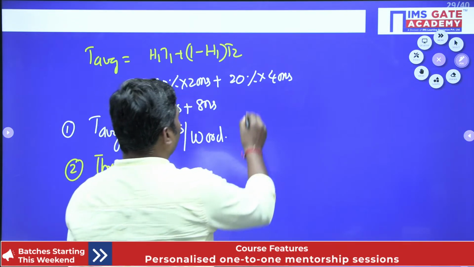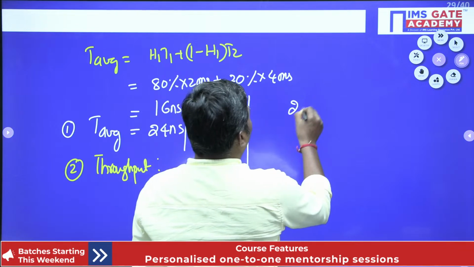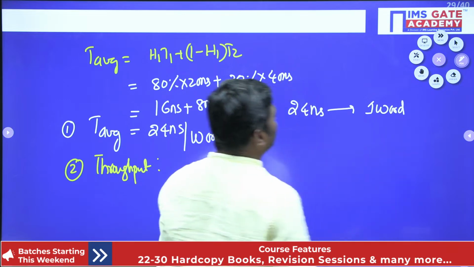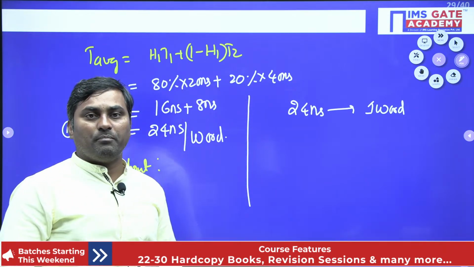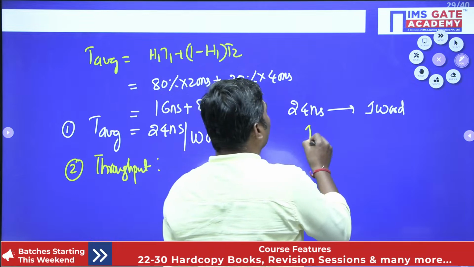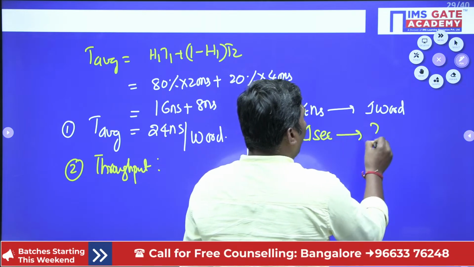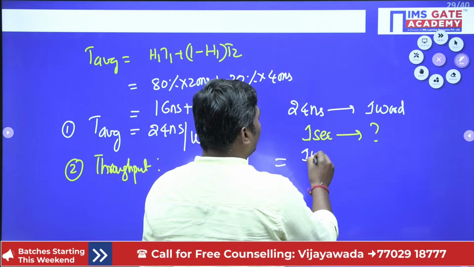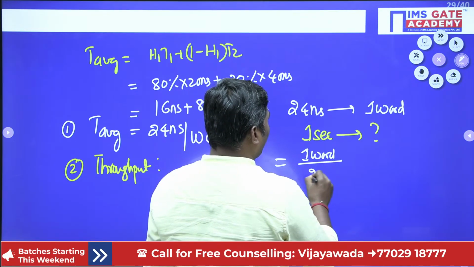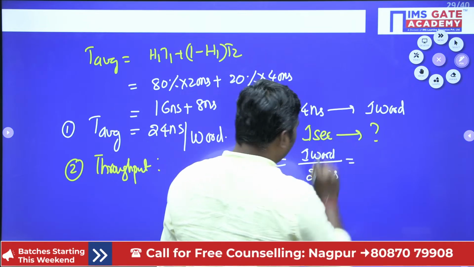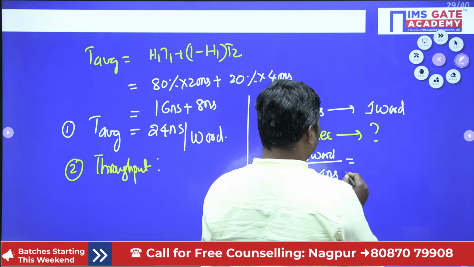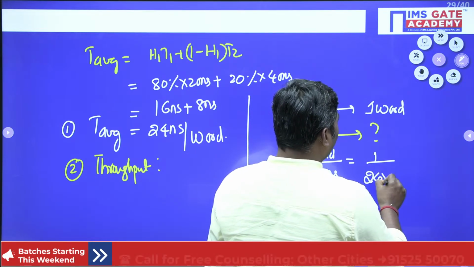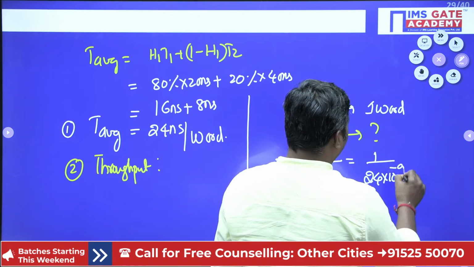Now, how can I calculate it? Here 24 nanoseconds is required for one word, right? Suppose I allow the system to transfer for 1 second, how many words can I transfer? That is the throughput only. So 1 word into 1 second divided by 24 nanoseconds, in words per second. So I can write 1 by 24 into 10 to the power of minus 9 seconds.